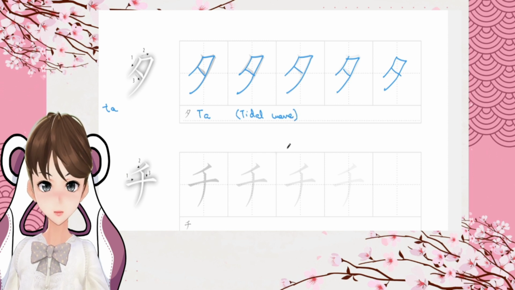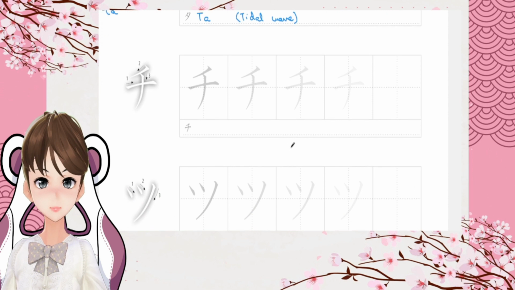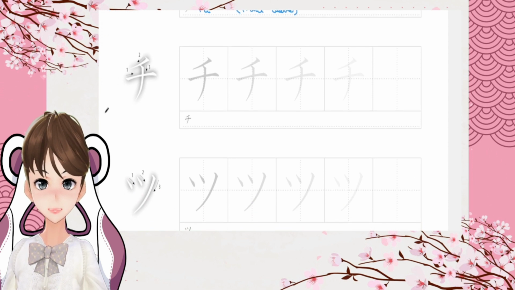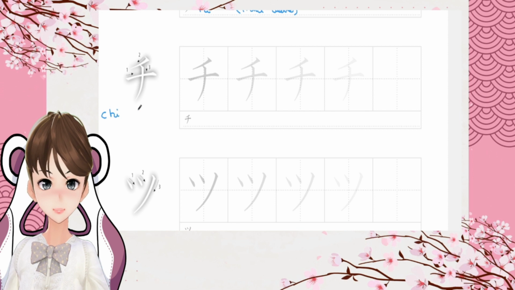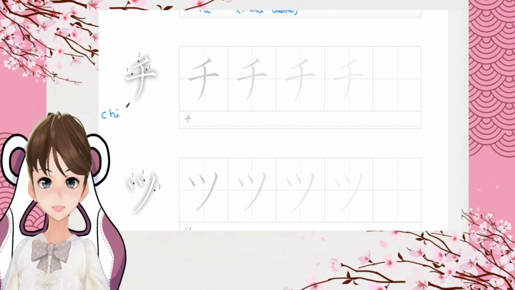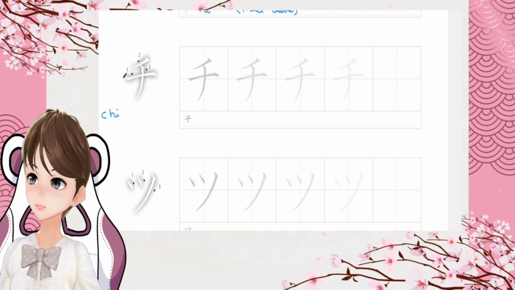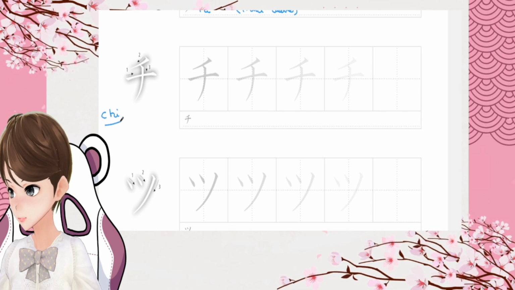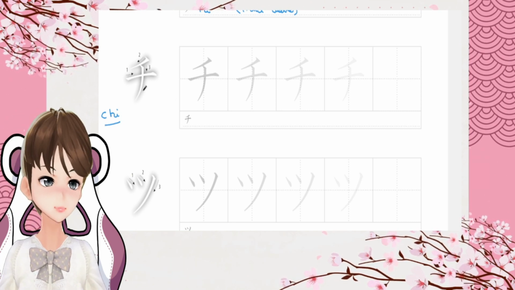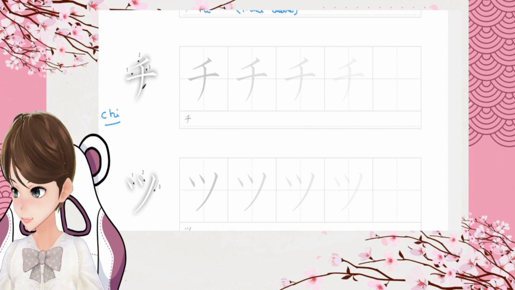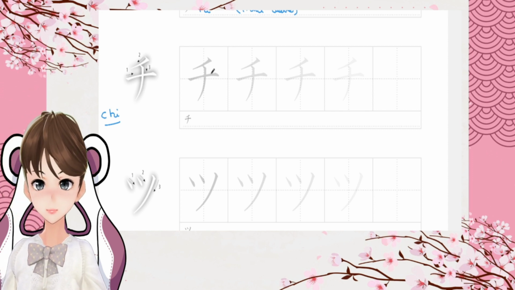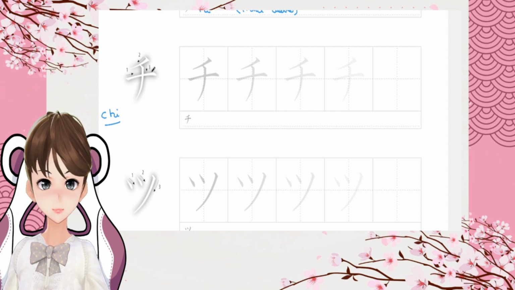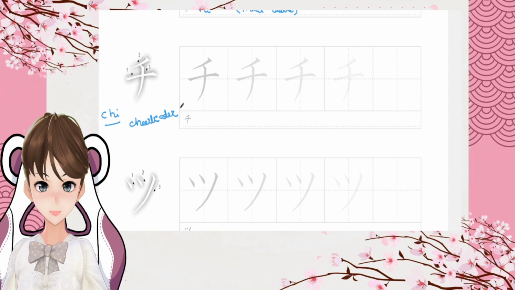Now the next character in the T line is the character chi. Usually by the formula it should be A, I, U, E, O. So it should have been ta, ti, tu, te, to, but this is the special difference in the T line. Instead of being ti, it's actually chi. And the way you can remember it, it almost looks like a cheerleader who is doing a cheer.